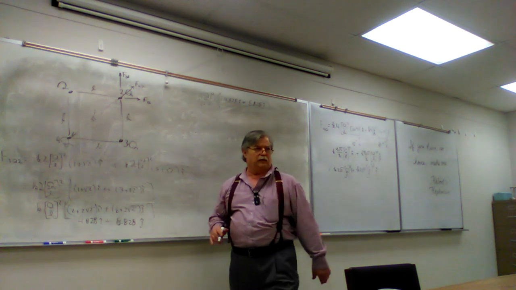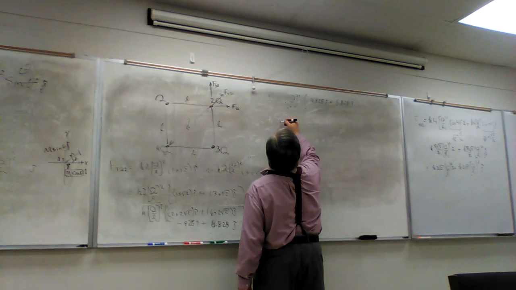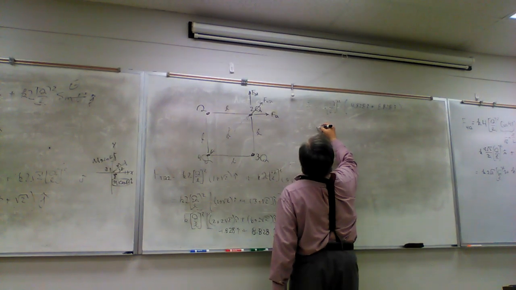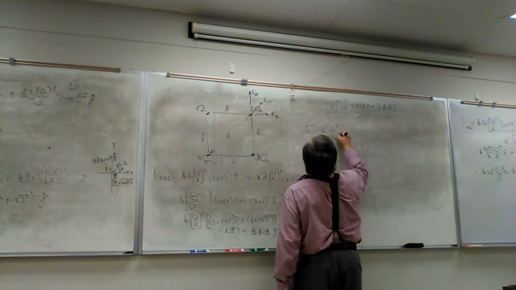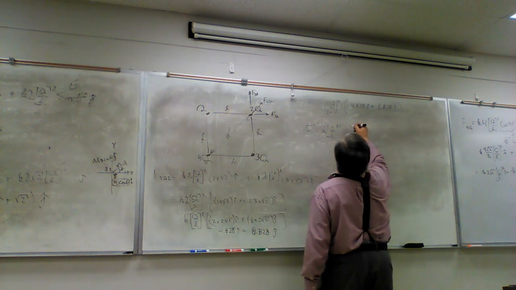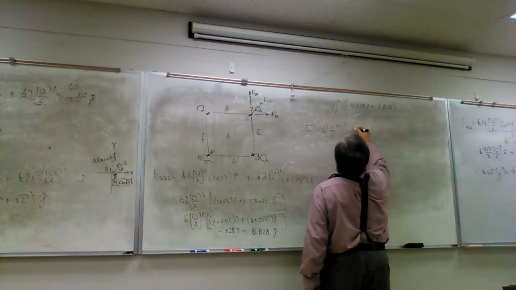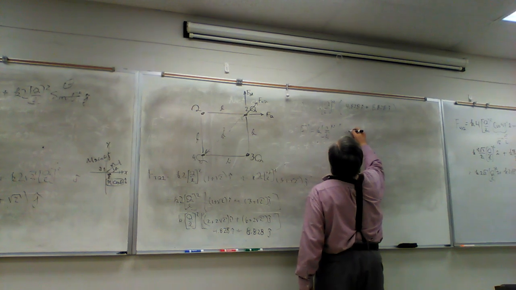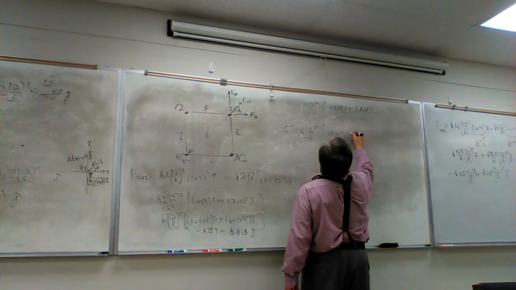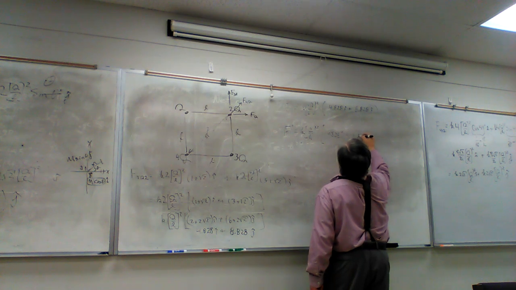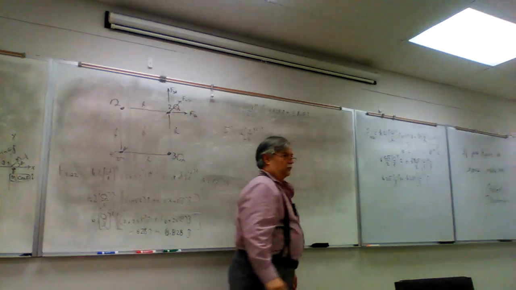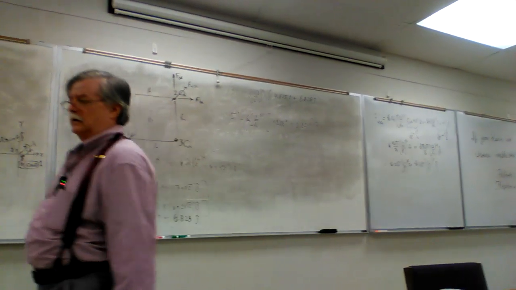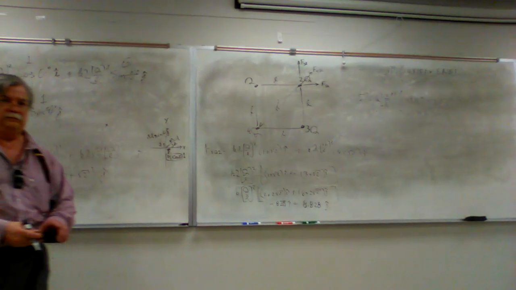What would the magnitude of that be? It becomes K times Q over L squared times the square root of 4.828 squared plus 8.828 squared. Pythagorean's theorem.